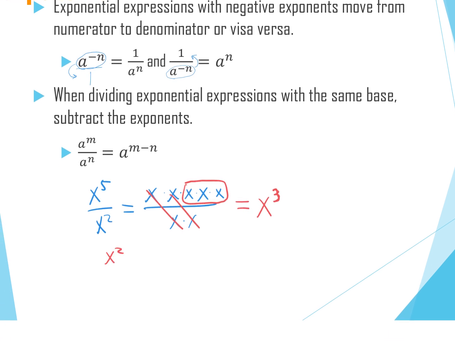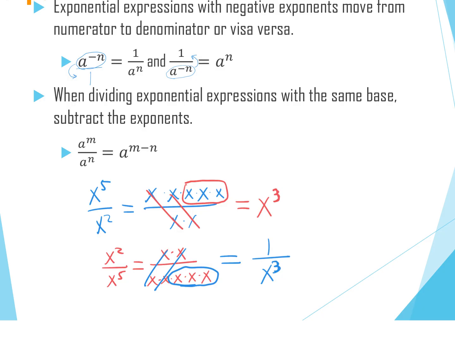Similarly, if I had something like x squared over x to the 5th, what happens when I change positions? I can still expand it, and I can still cancel things out. I still have 3 x's left over, but this time they're on the bottom. Nothing is left on top, so I'm going to leave a 1 on top.